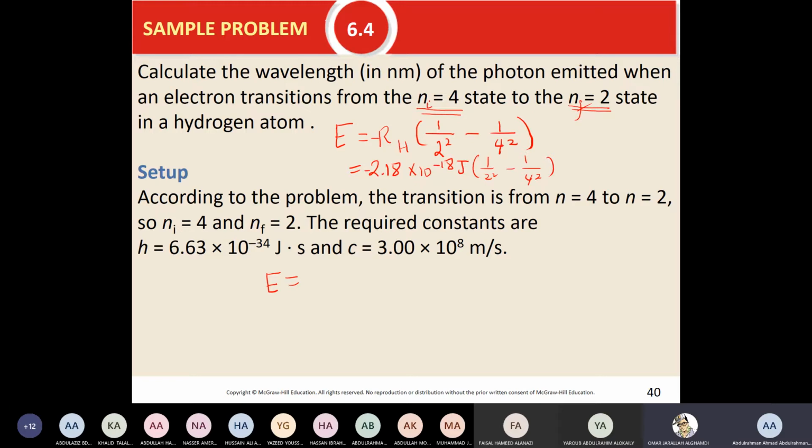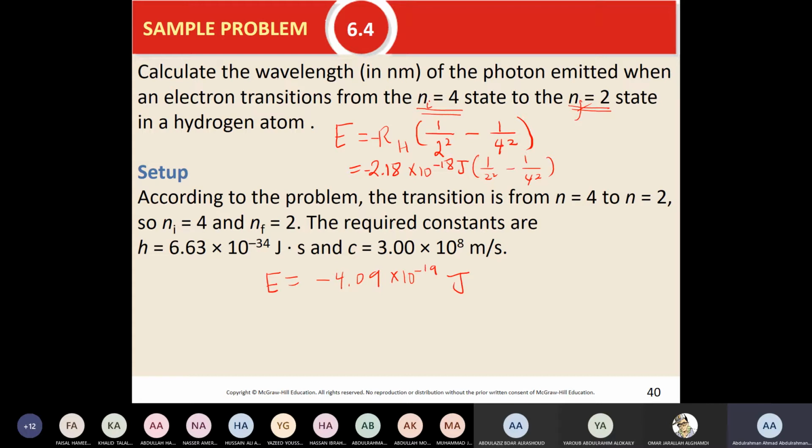Minus 4.09 times 10 to the power minus 19 joule. Who got the same answer? I got the same answer. Okay, let's hope so. Minus 4.09 times 10 to the power minus 19 joule.